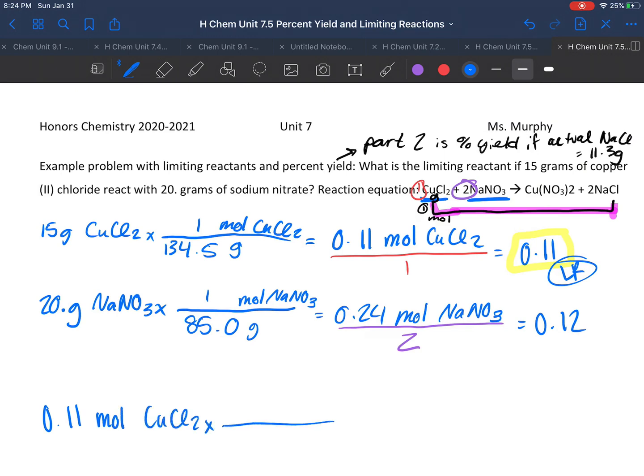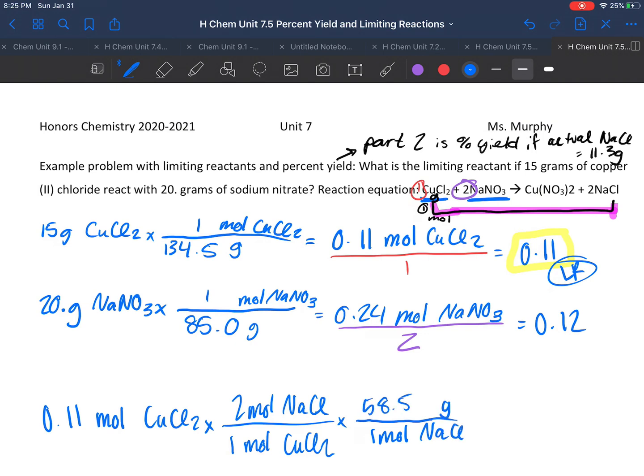Now to do stoichiometry to get to mass of sodium chloride, for every 1 mole CuCl2, there are 2 moles of sodium chloride. And then lastly, going from moles to mass, for every 1 mole sodium chloride, the molar mass is 58.5 grams. And so our theoretical is just 13 grams sodium chloride.